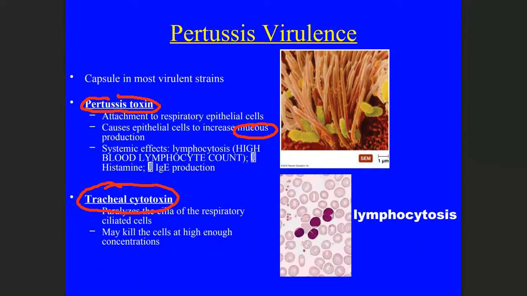What this tracheal cytotoxin can do, it can paralyze the cilia and then eventually kill the cells that have the cilia. So normally those cilia, when they're functioning, help to move everything up and out, to push everything that's trapped in the mucus layer there. Well, now you don't have any cilia, okay? And so there's no cilia, but there's more and more mucus, and that mucus has got nowhere to go.